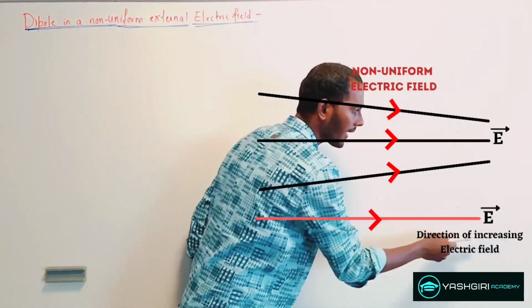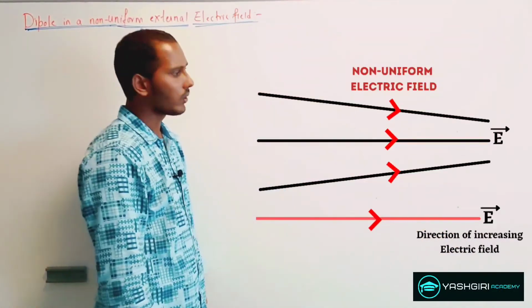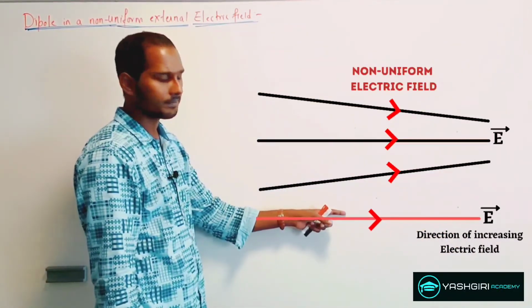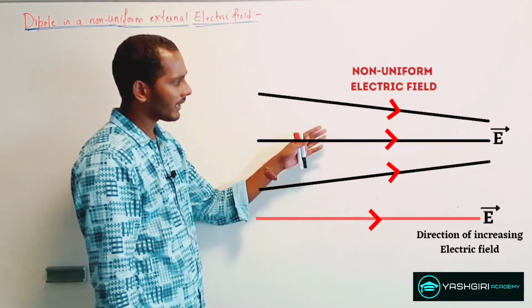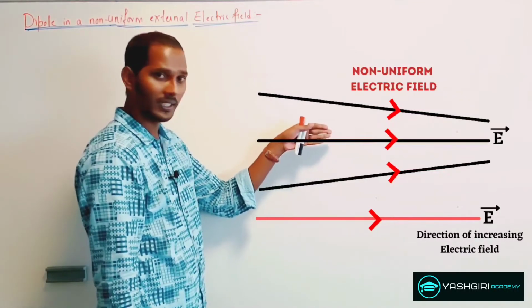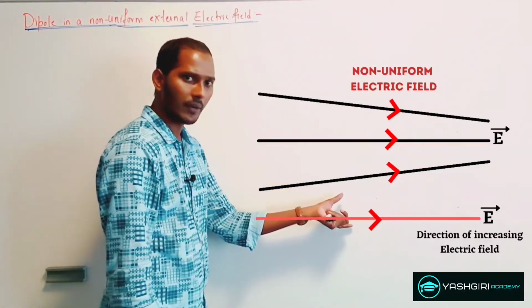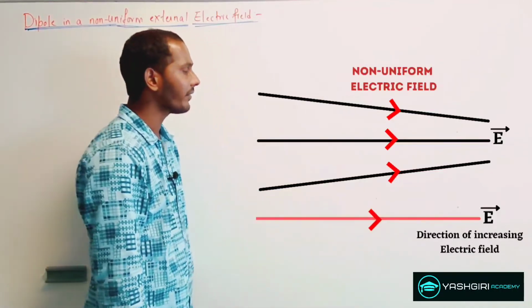So this is the direction of increasing electric field. Let me take out these field lines from here, but this is the actual field that is available in this space. Now I'm just using this arrow to show the strength of the electric field.